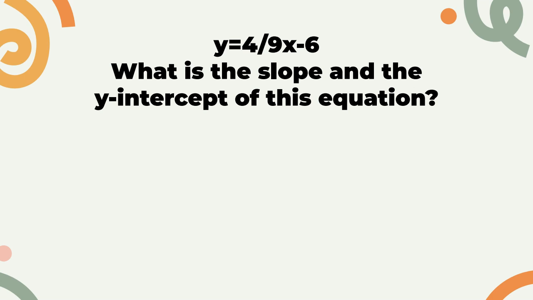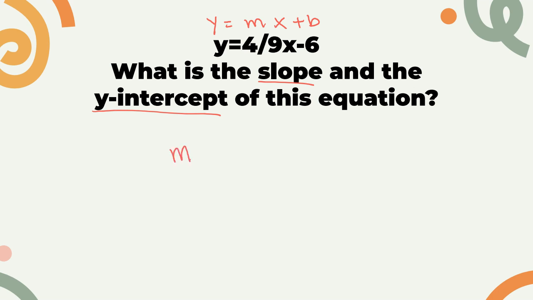So on this one, we are given the equation of a line as y equals 4 over 9x minus 6. And we are asked what the slope is and what the y-intercept is. So remember, we have y equals mx plus b, where m is our slope and b is our y-intercept.